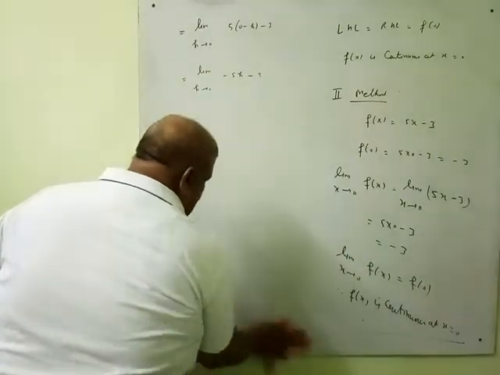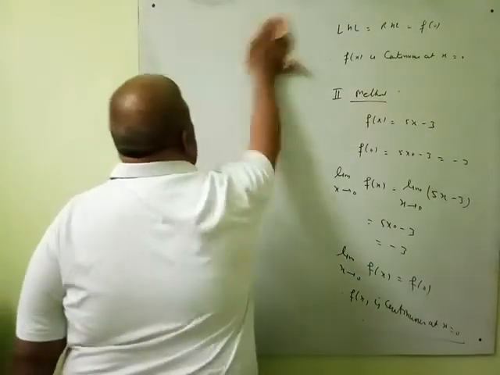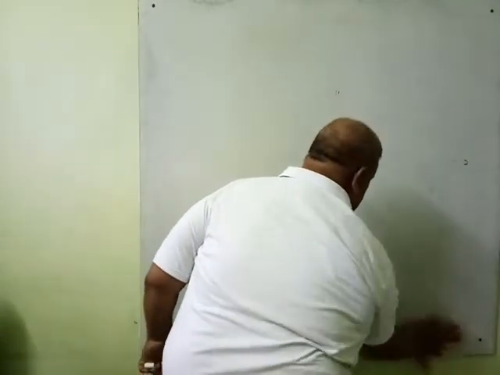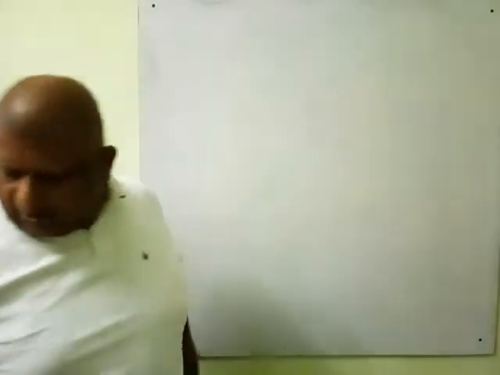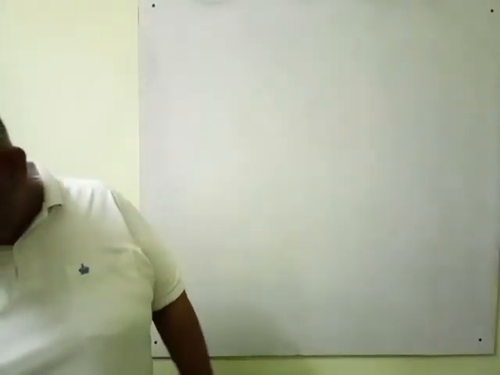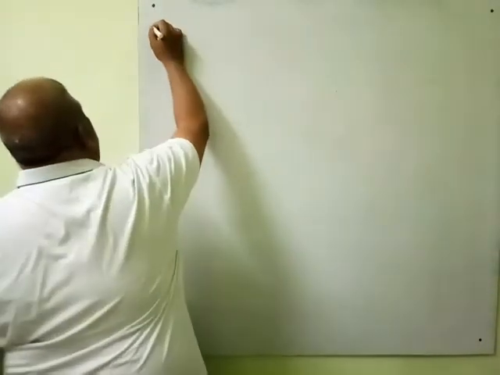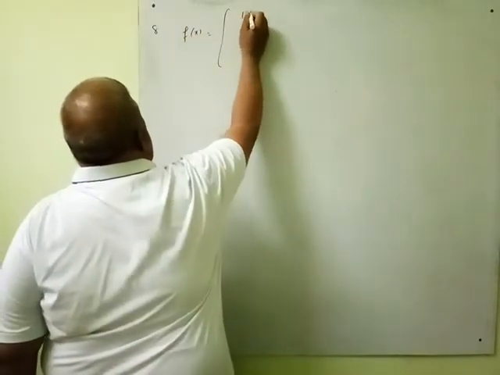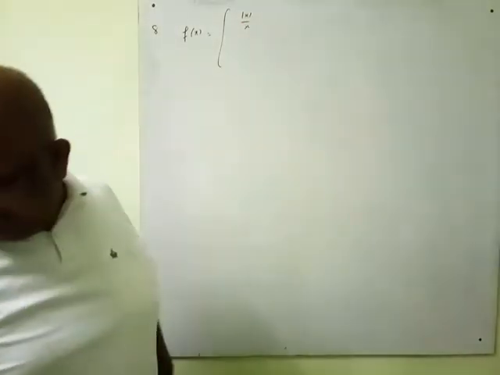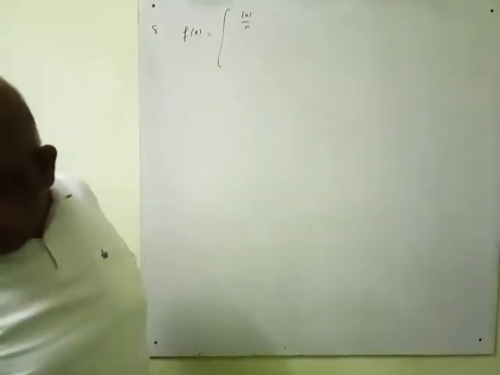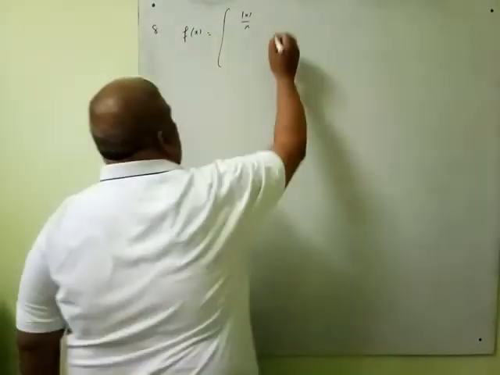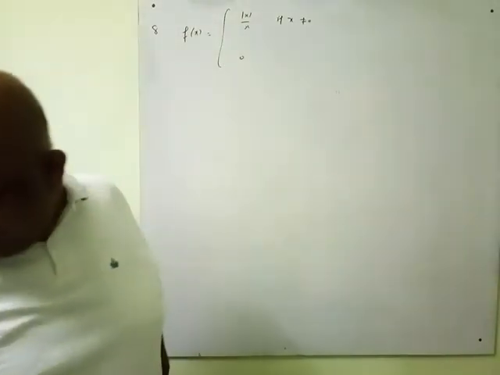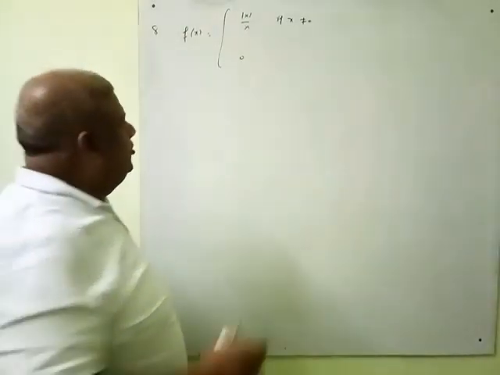I am taking one more question. It is question number 8. f(x) is equal to mod of x upon x if x is not equal to 0, and 0 if x equal to 0.